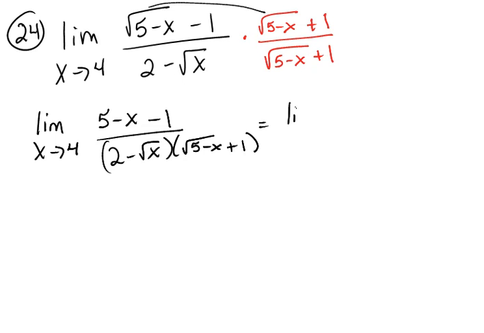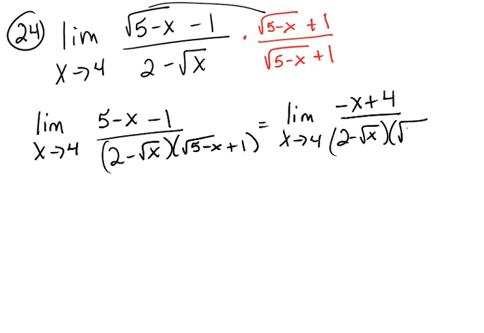Okay, and so then this is the limit as x goes to 4 of, let's see, 5 minus 1, which is 4, so you have negative x plus 4 over this denominator, which you should just leave, 2 minus the square root of x times the square root of 5 minus x plus 1.